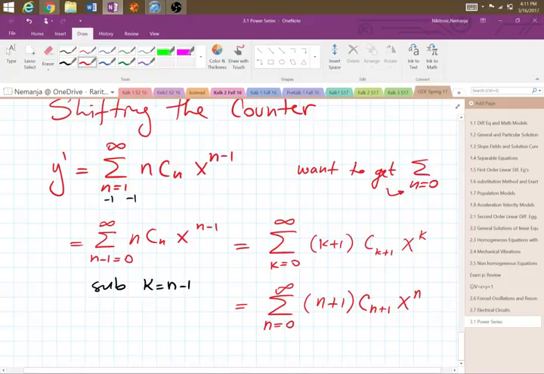So you have your second derivative, right? I'll write it here. The y double prime, which I just gave you, was the summation n goes from 2 to infinity of, I believe it was, n minus 1 times n times Cn times x to the n minus 2. Right? That was the derivative.